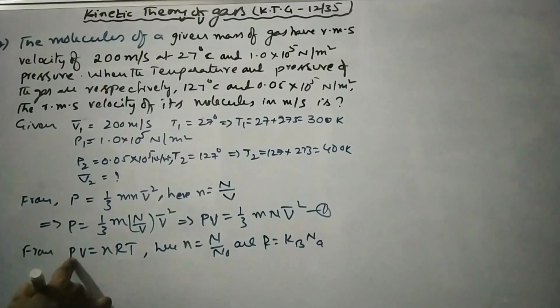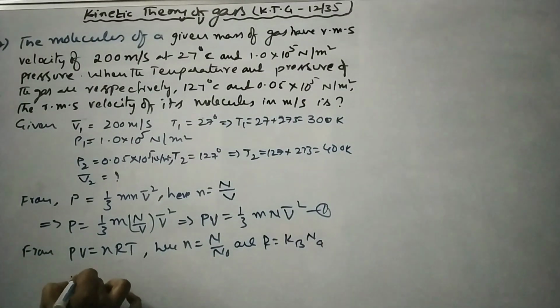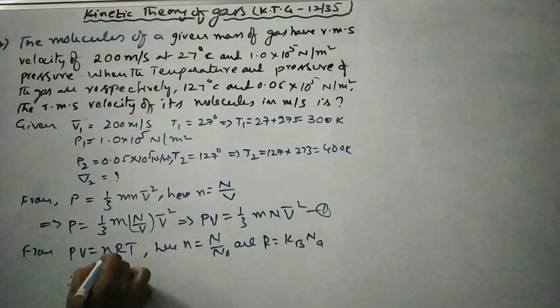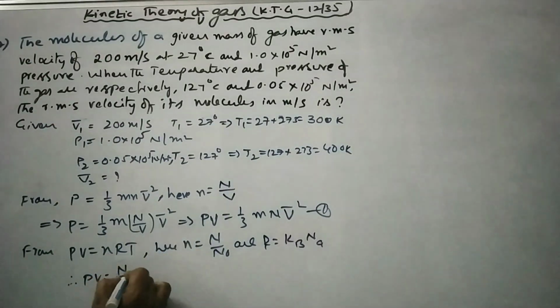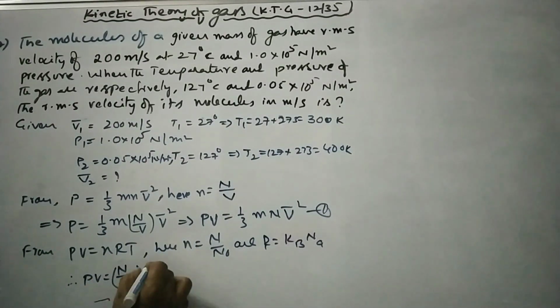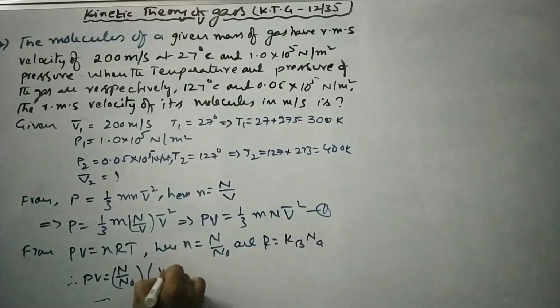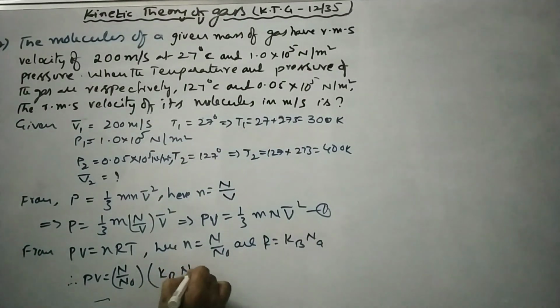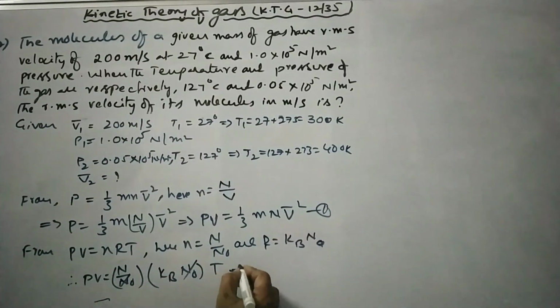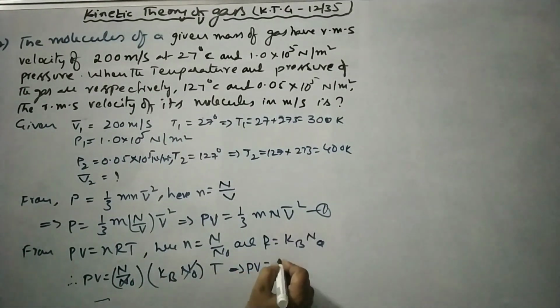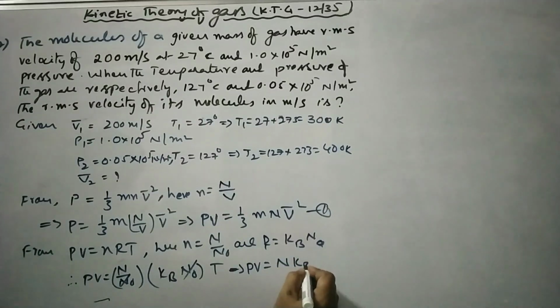Therefore PV is equal to N by N naught into k_B N naught into absolute temperature. Here N naught is cancelled. That implies PV is equal to N k_B T.